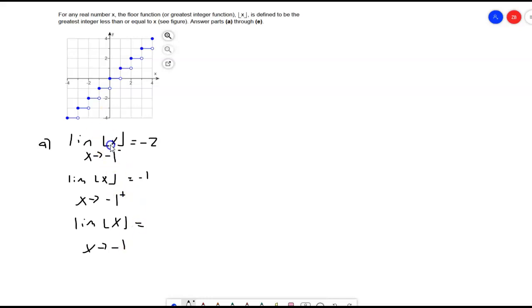Well, we already saw from the left it's approaching -2, and from the right it is approaching -1. So from both sides, we're going to say it does not exist, because it has to be approaching the same y value from both directions in order for there to be a limit.